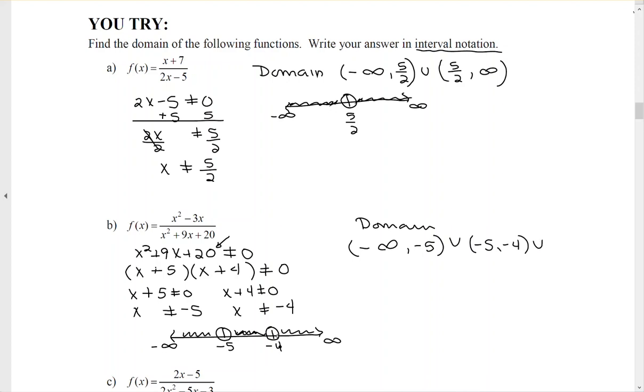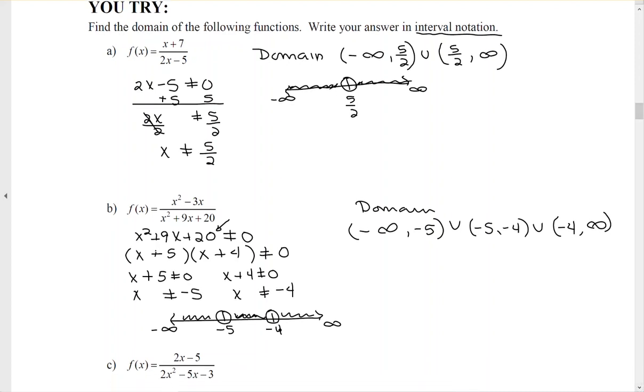Then you're going to catch this piece from negative 4 out to infinity. And again, parentheses on everybody, because you're not allowed to use the number negative 5 or negative 4, so no brackets. Let's scroll down a little further here.